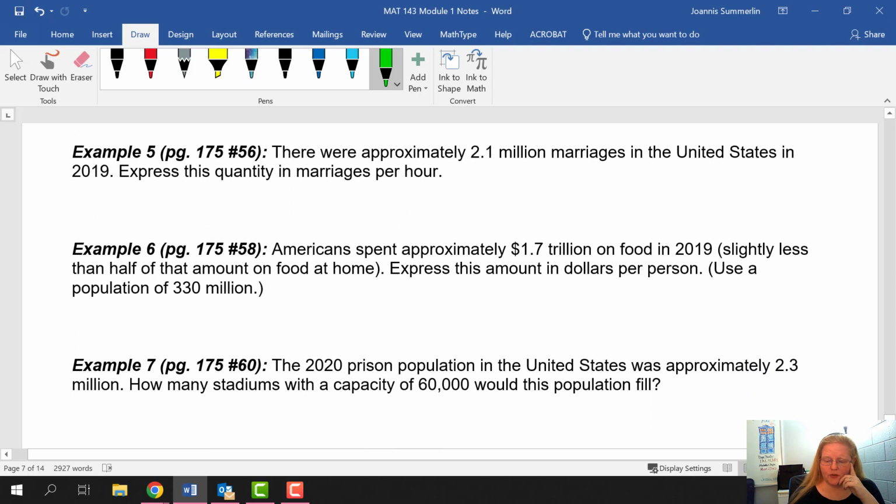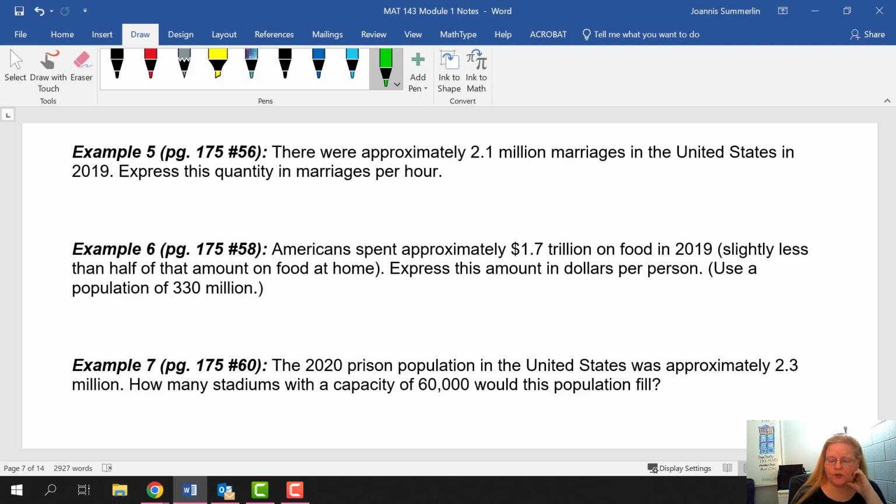There were approximately 2.1 million marriages in the United States in 2019. Express this quantity in marriages per hour. 2.1 million. Now I could write that in scientific notation, but that's not going to help me express it in marriages per hour.